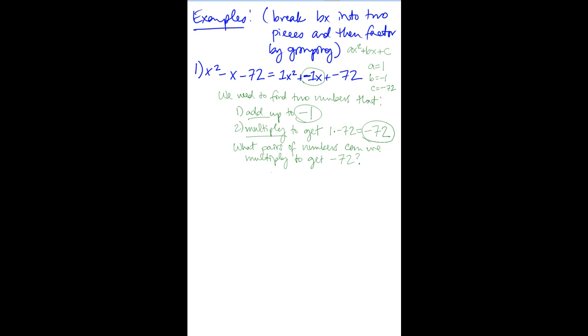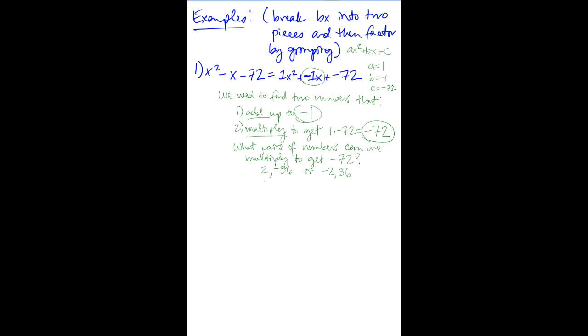Let's start from the lowest numbers and work our way up. So 2 obviously goes in, it's an even number, but because 72 is negative, we could multiply one negative and one positive. So we could multiply 2 times negative 36 to get negative 72, or we could do negative 2 times positive 36 to get negative 72. It looks like 3 goes in also.